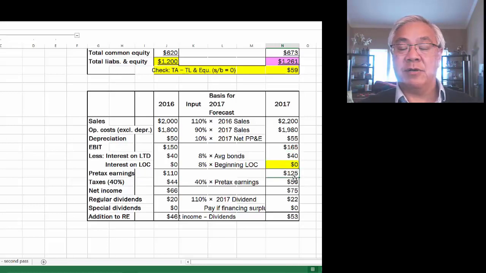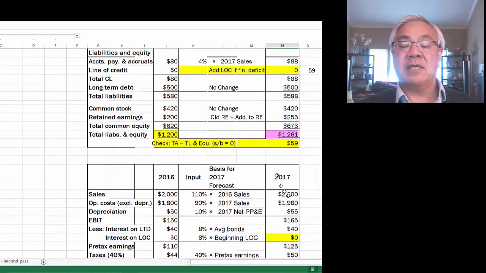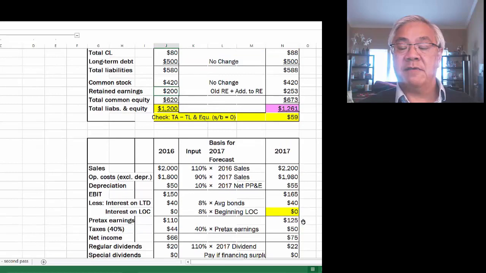So then we have pre-tax earnings minus taxes equals net income. Regular dividends of $22, which is 110% of the prior year. Last year we were at 20, this year 22. So 75 net income minus 22 equals 53. The 53 we see up here. 200 plus 53 equals 253 right here, right?